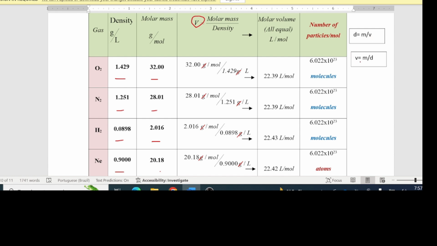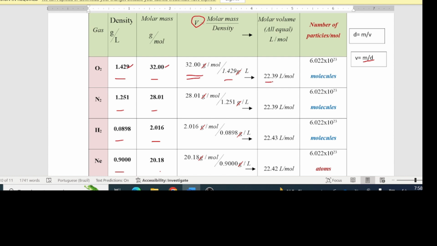Therefore, the volume will be equal to mass divided by density. So here we have the molar mass, and this is the density. If you divide the molar mass of each of these gases by their specific densities, you will get the volume.